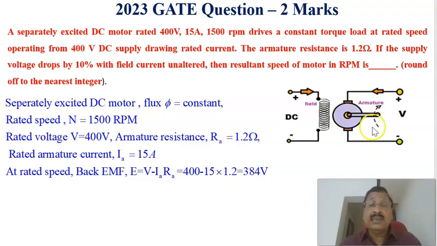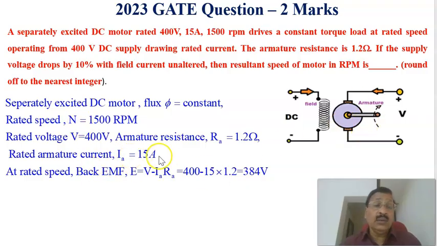This is a separately excited DC motor in which the field current is constant, so the flux phi is constant, and the rated speed is 1500 RPM, the rated voltage is 400 volts, and the armature resistance is given as 1.2 ohms. Now, corresponding to the rated speed, let us see what the back EMF is.